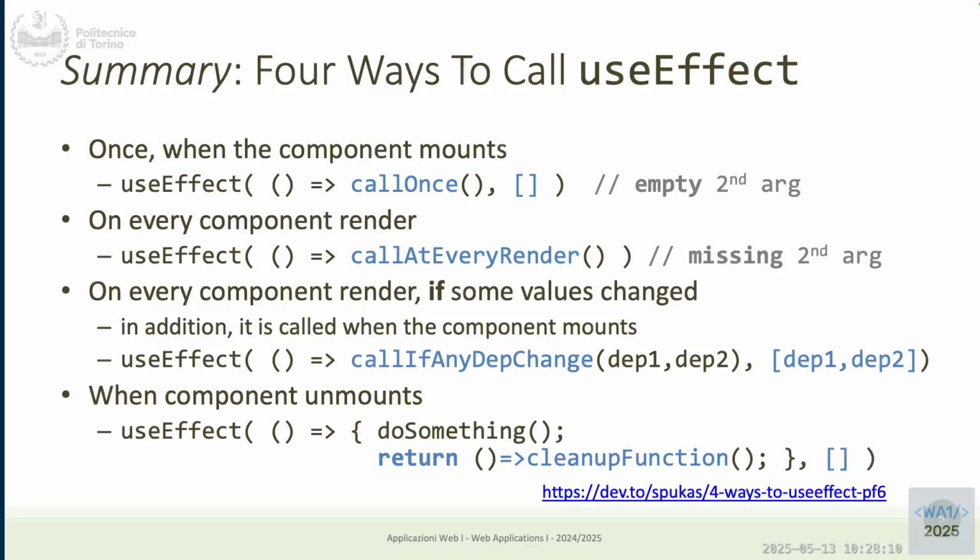The other way, some code which is only running at unmount time, is specified by providing a cleanup function in the return statement of a useEffect of any kind. Then we have the beginning, the end, and the middle. In the middle, we have some function that runs many times, after each update if we don't have any second argument, or after some updates if we have the dependency array.